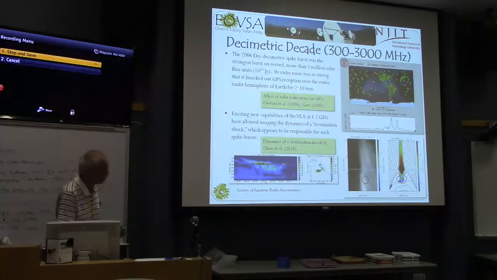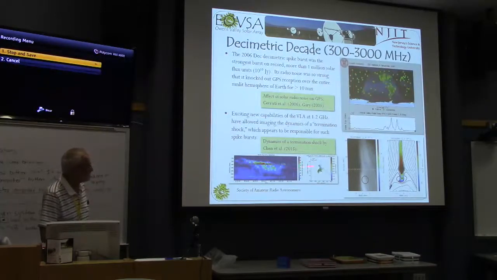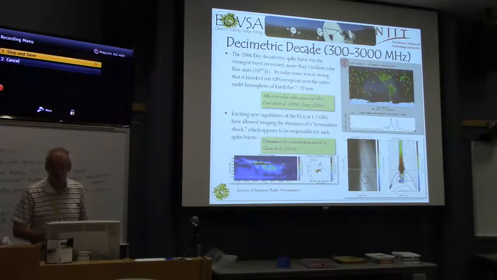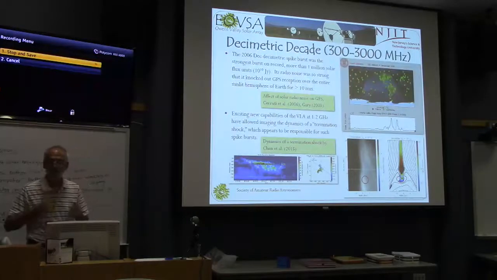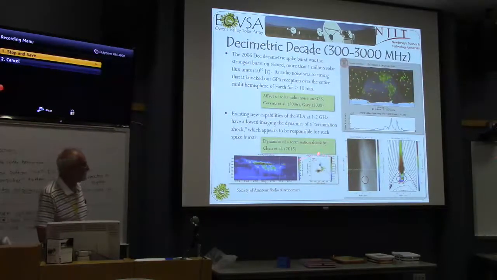And at that termination shock, you have a relatively stable set of radio emission until this plasma blob comes down and then explodes it and blows it apart. And this simulation is supposed to indicate this plasma blob arriving and disrupting the shock. And this was reported in 2015 in Science.